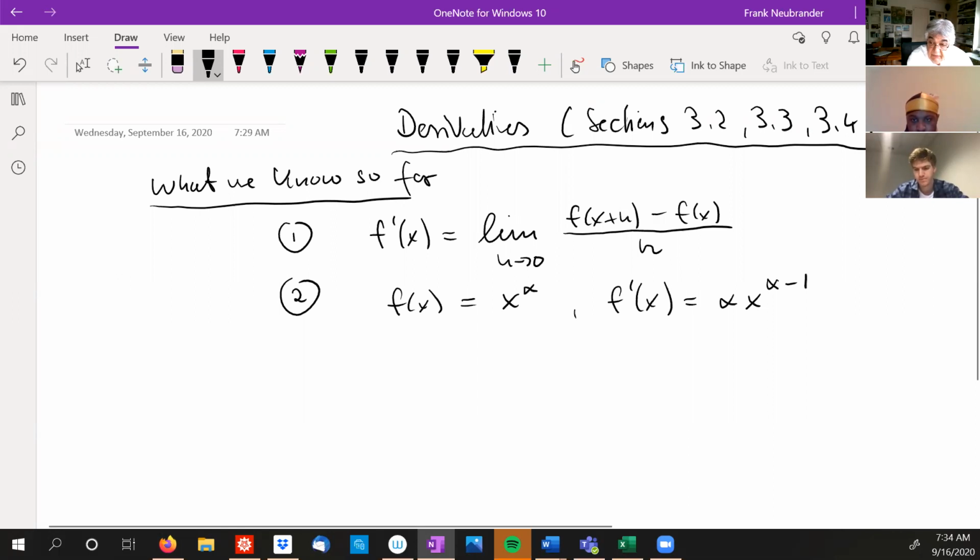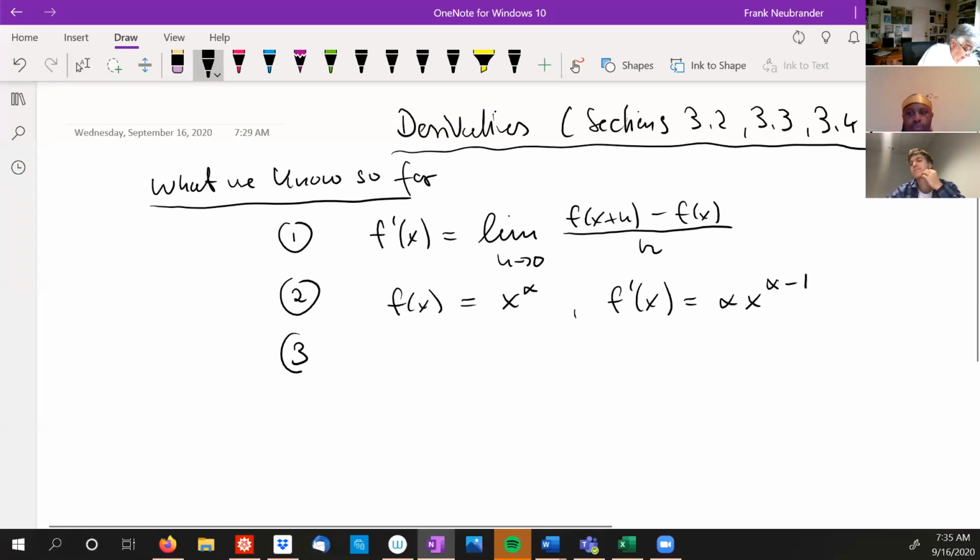So basically we have proven it by example. We did x to the 3, x squared, square root of x, x to the minus 1. And we saw that this rule always holds. But there is a formal proof with which one can show that it holds for all alpha, and this will be one of the homework assignments.